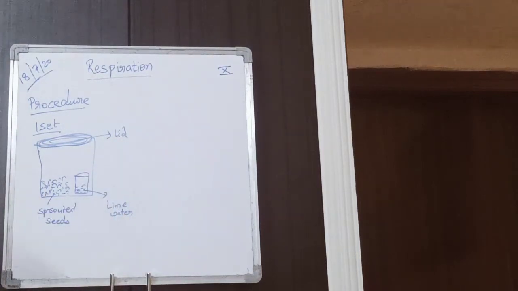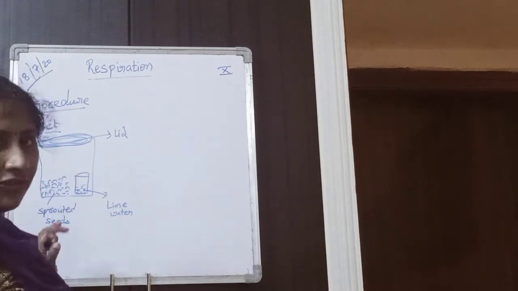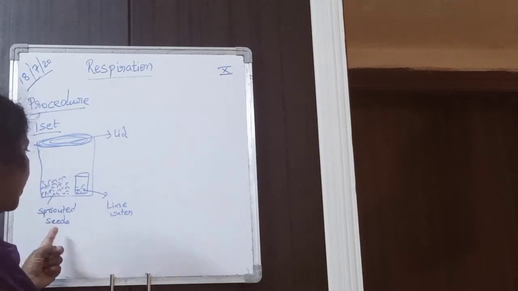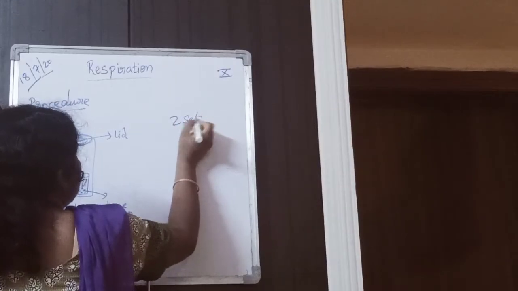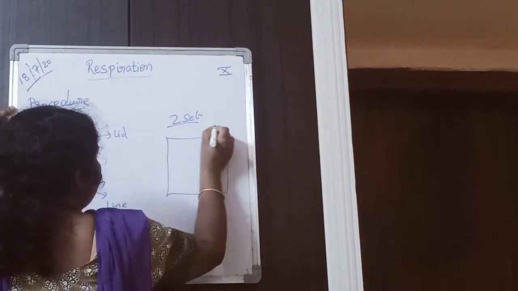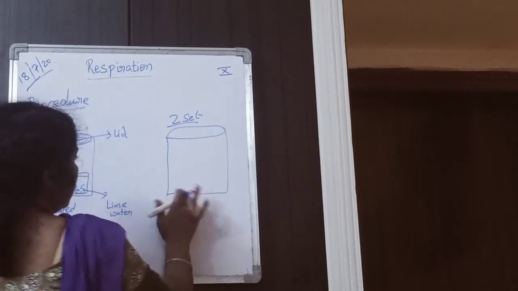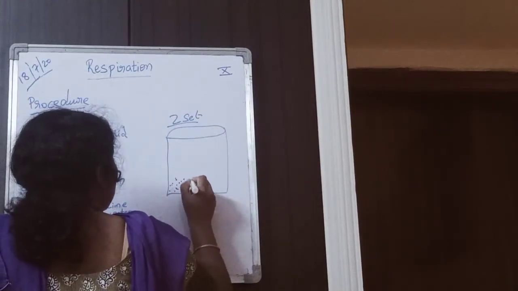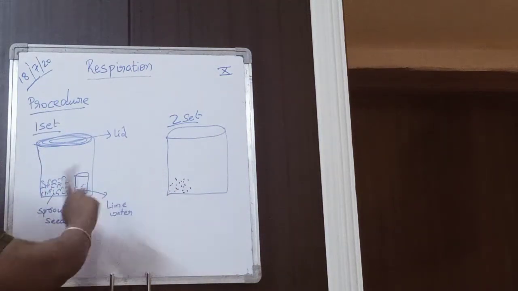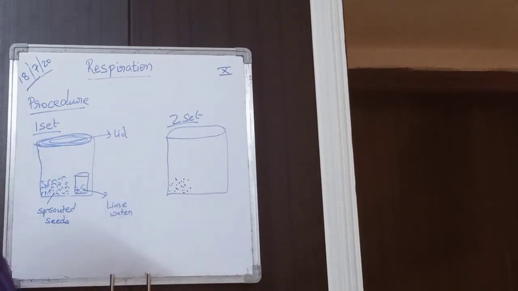In the first set you have taken sprouted moong dal and a small beaker containing lime water, covered with a lid. In the second set, the same apparatus, but the moong dal is not sprouted, just raw. This is the major difference: in the first set sprouted moong dal, in the second set normal moong dal.